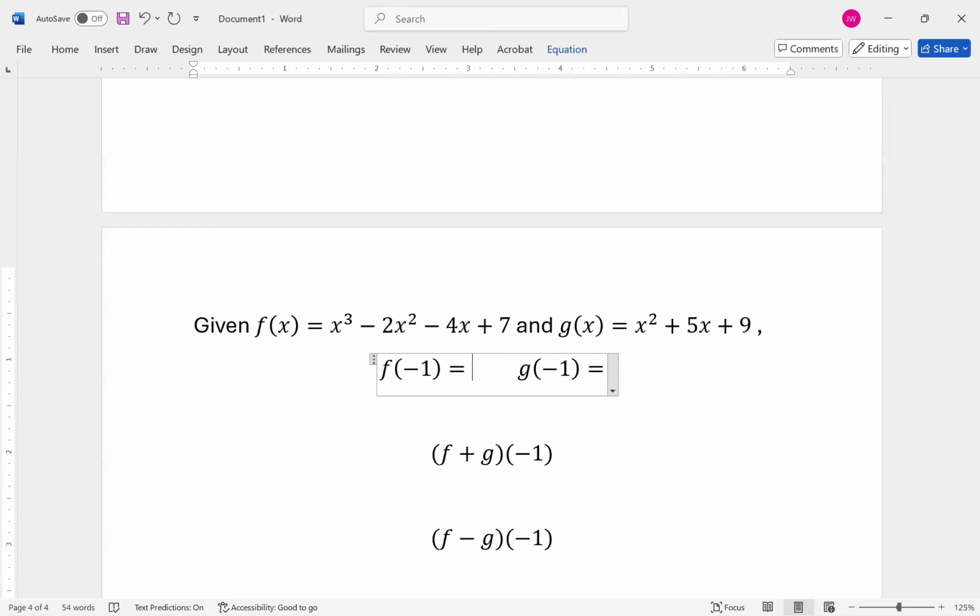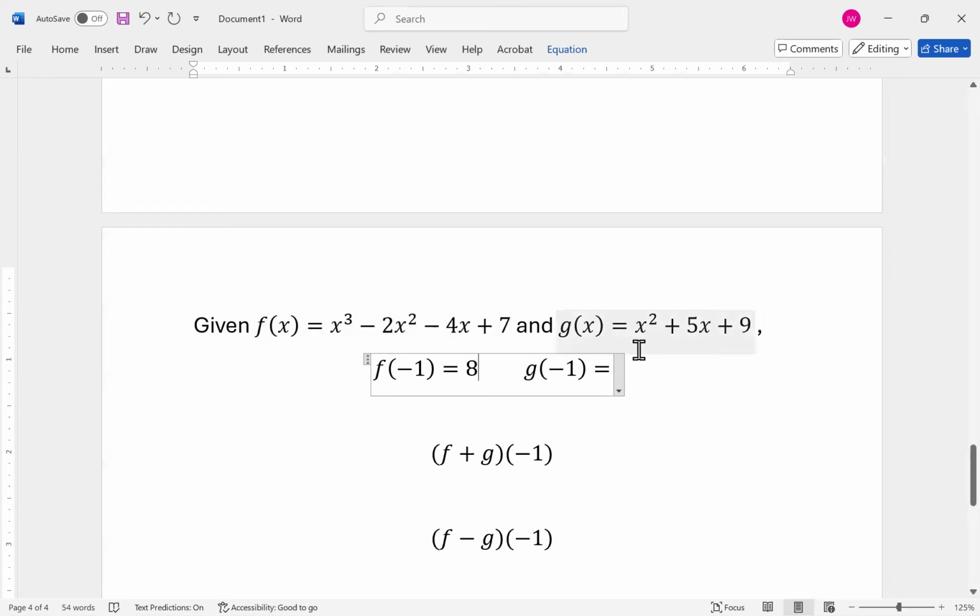If you plug in -1 into f, we get -1 cubed minus 2 times -1 squared minus 4 times -1 plus 7. That becomes an 8.